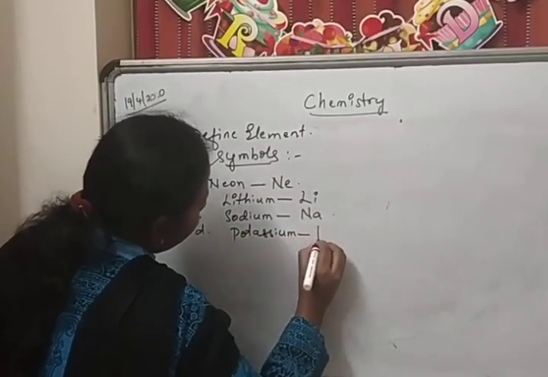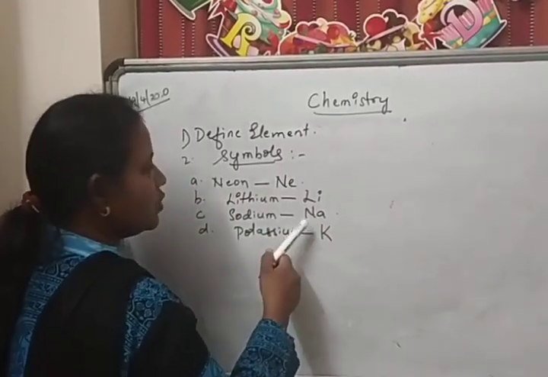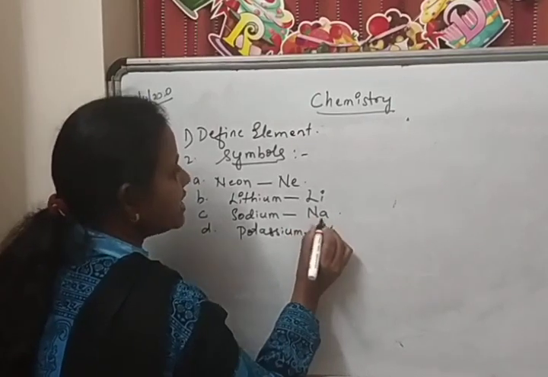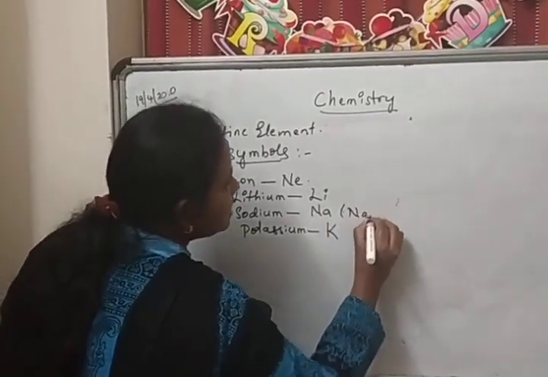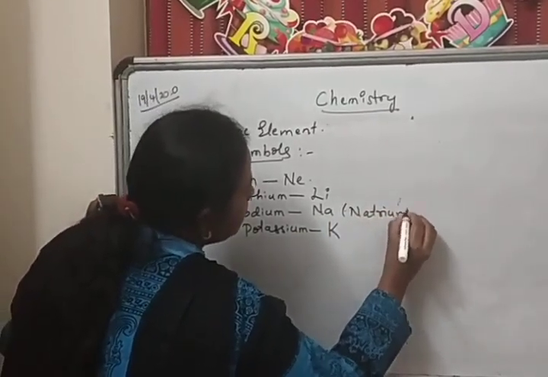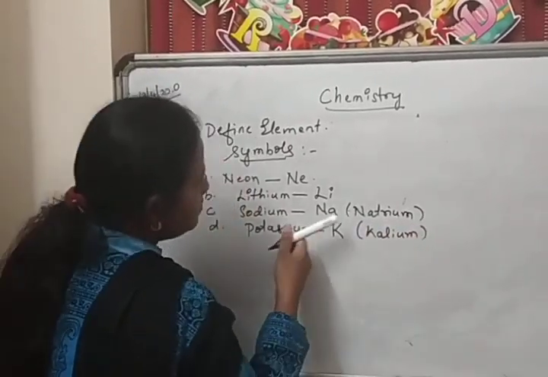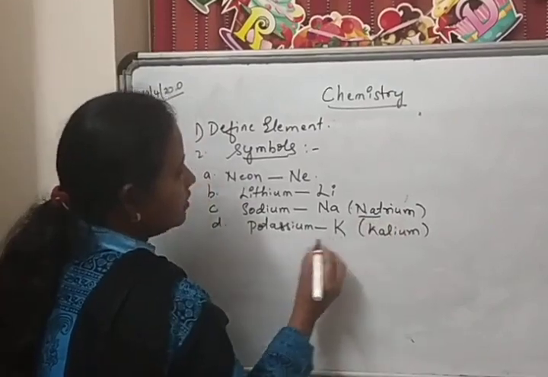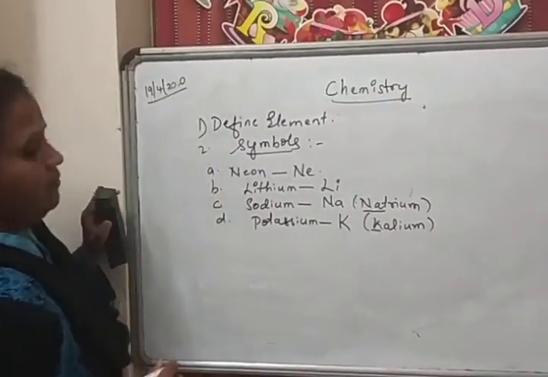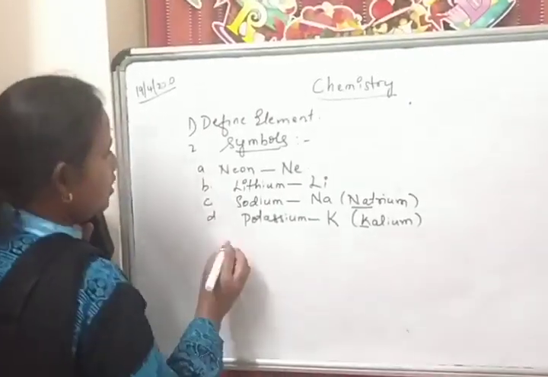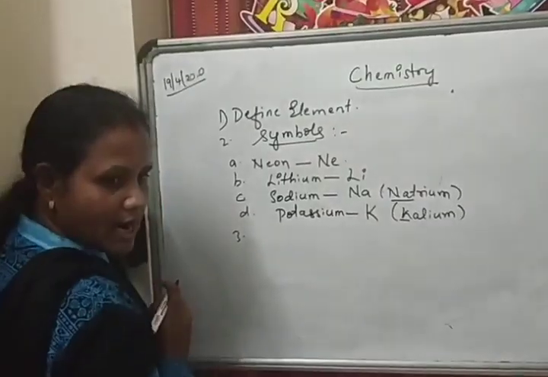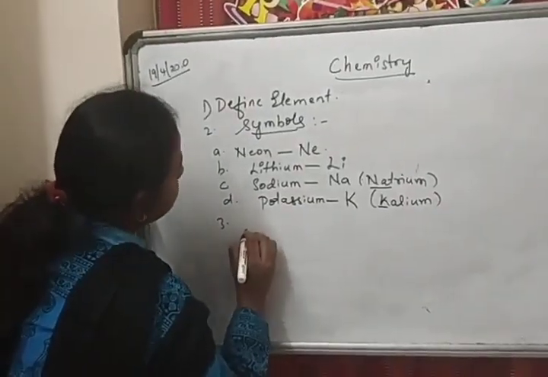Potassium. K. Sodium is Na, and the Latin name is natrium. Potassium is K.